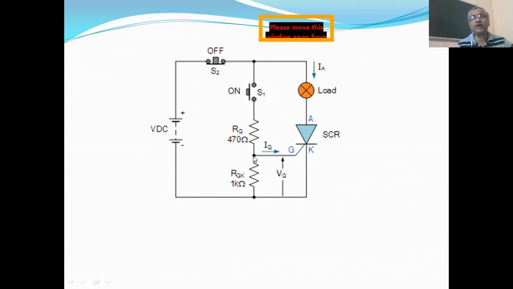Now when this point is in the upper side, then the gate voltage is higher. When this point is at the lower side, the gate voltage is lower. So by moving this point to the upside or downside, gate voltage can be increased or decreased.